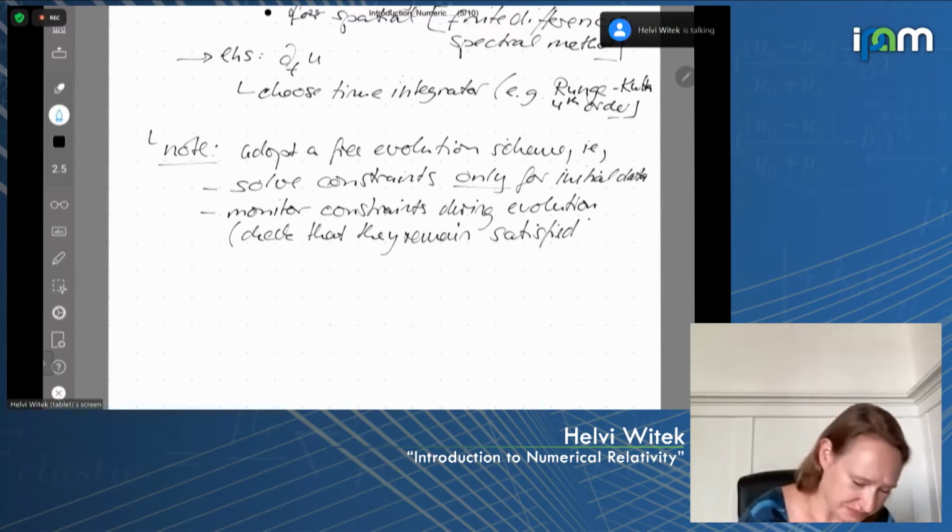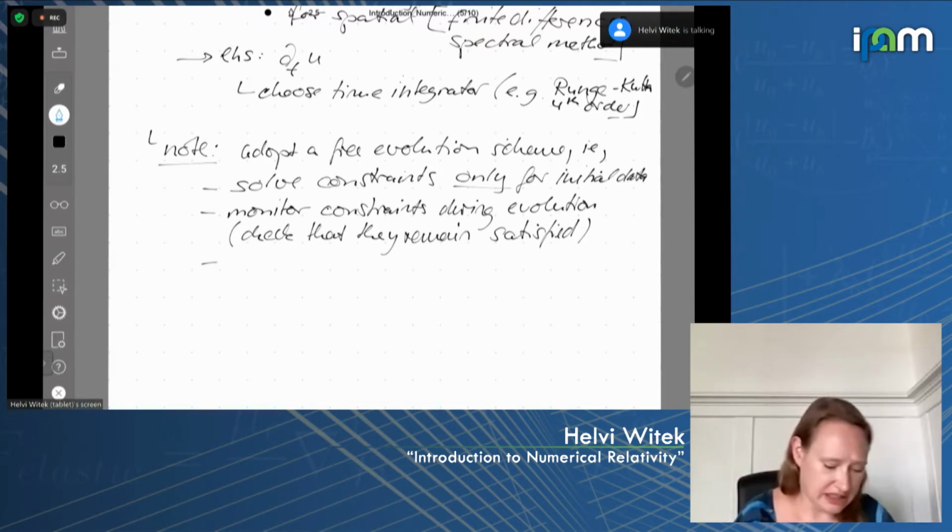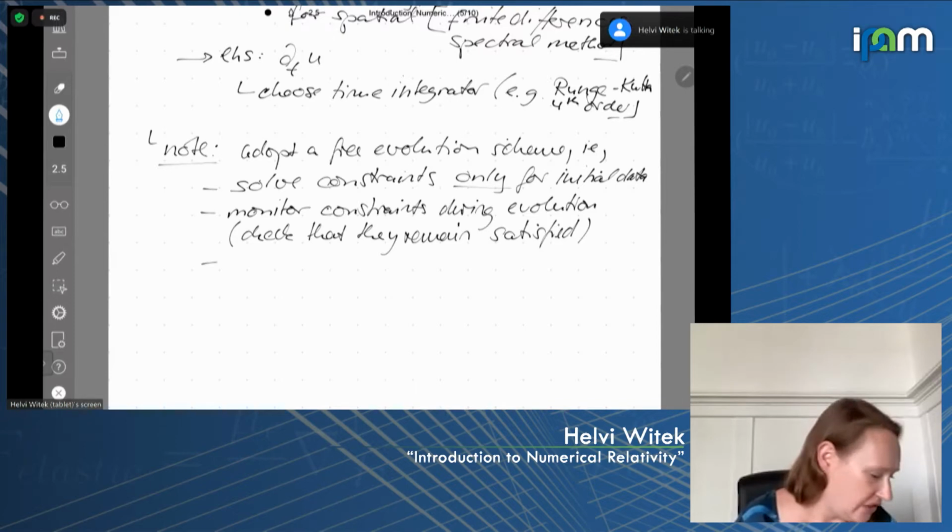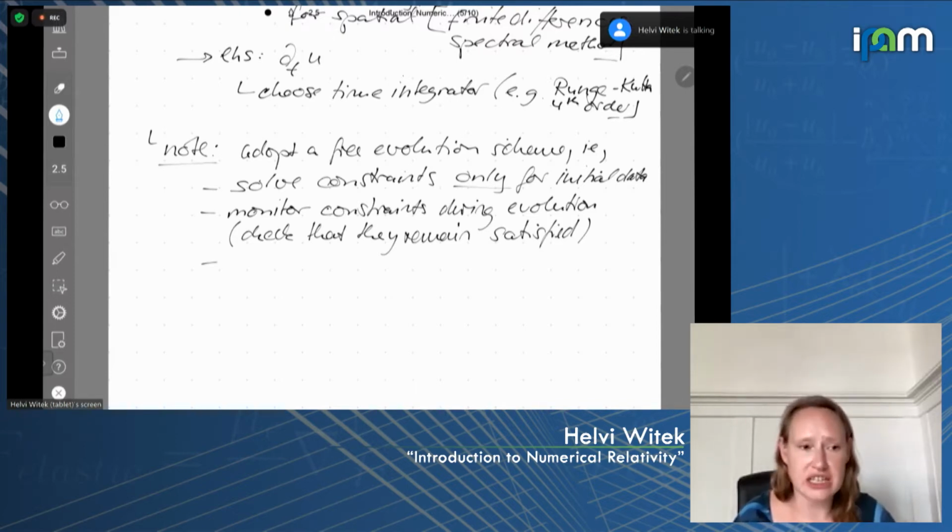Yeah. And mathematically, why does this work? You can show, as I mentioned before, that if the constraints are satisfied initially, they remain satisfied throughout the evolution, and you can use Bianchi identities to show this.